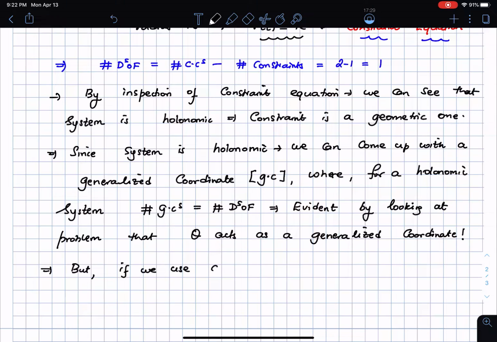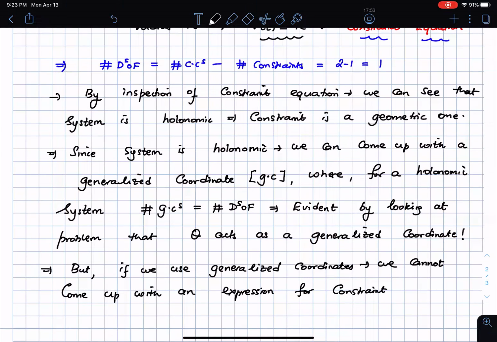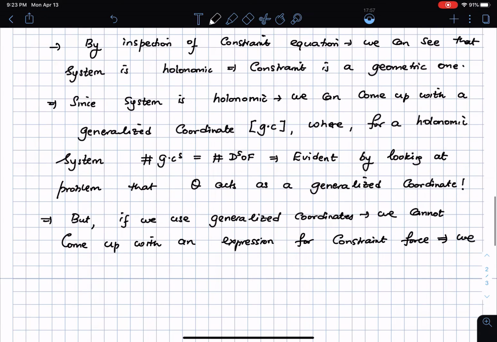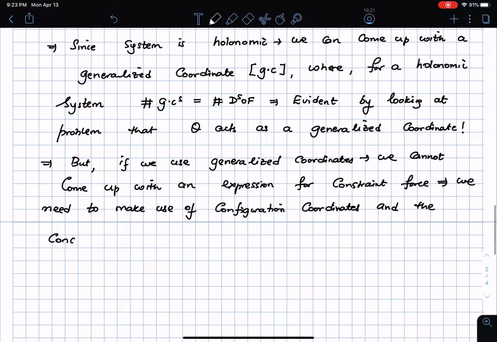If we use generalized coordinates, we cannot come up with an expression for the constraint force, which implies that we need to make use of configuration coordinates and the concept of Lagrange multipliers to obtain the constraint force.